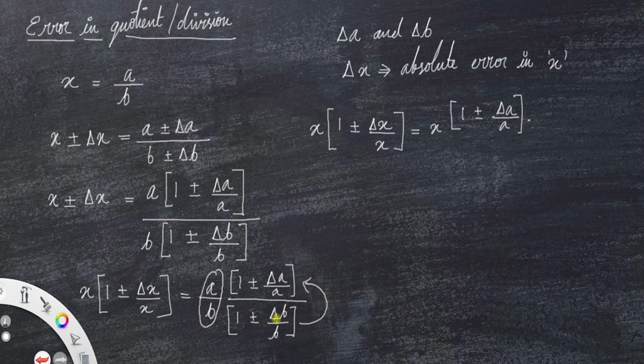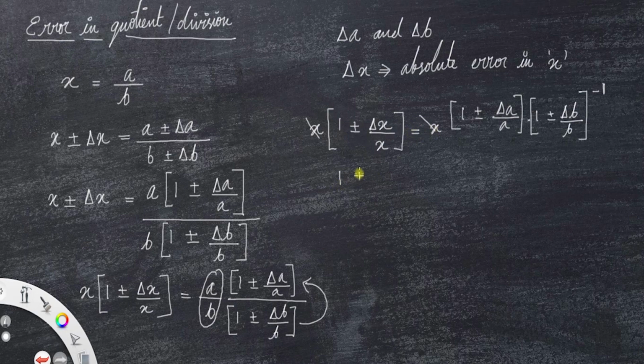What you have to do is put a minus 1 here, like 1 plus or minus delta b by b raised to minus 1. Clear? You know 1 by x is equal to x raised to minus 1. Clear? Now simplifying this, you can cancel this x.